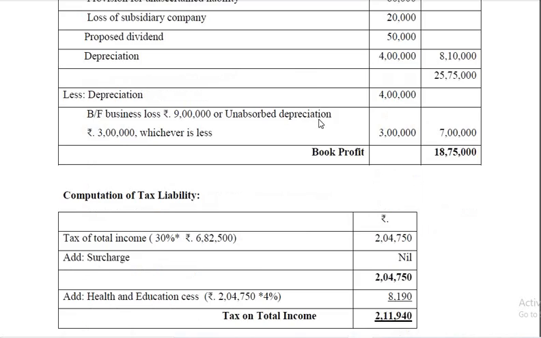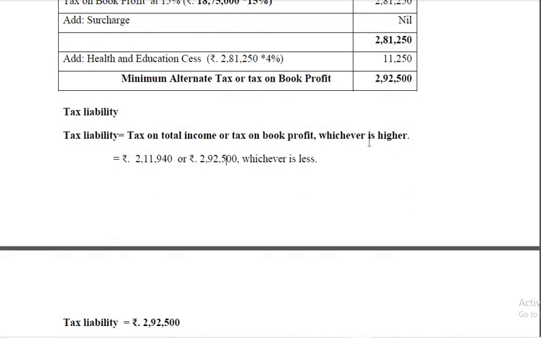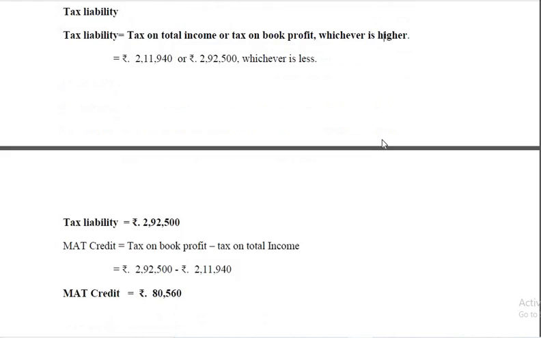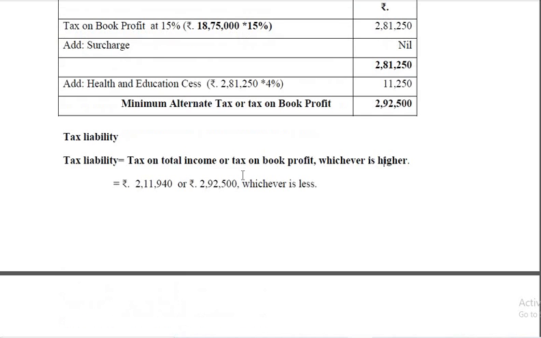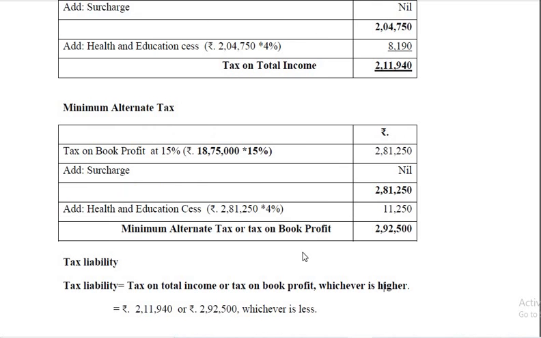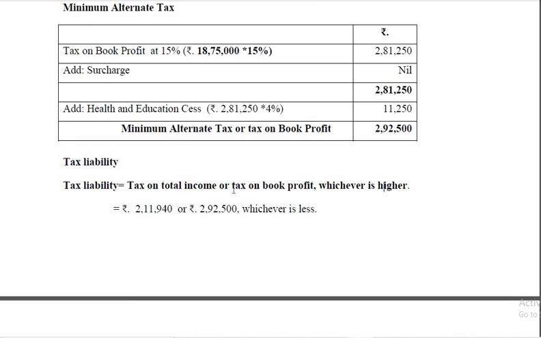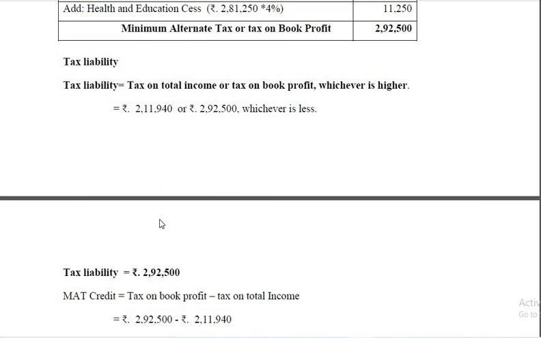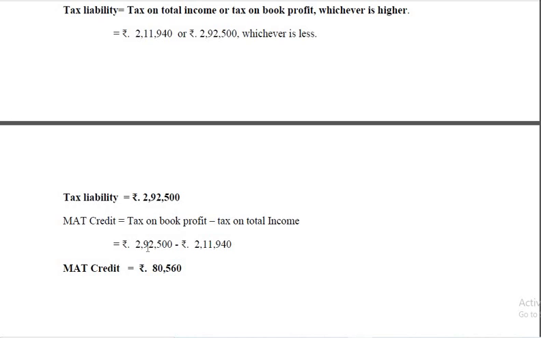Somewhere I have written it differently, but whatever it is, whichever is higher, it is written here. Tax on total income or tax on book profit, whichever is high, it should be high here, not less. So, of the two, 2,92,500 is the higher one, and therefore the tax liability is 2,92,500.